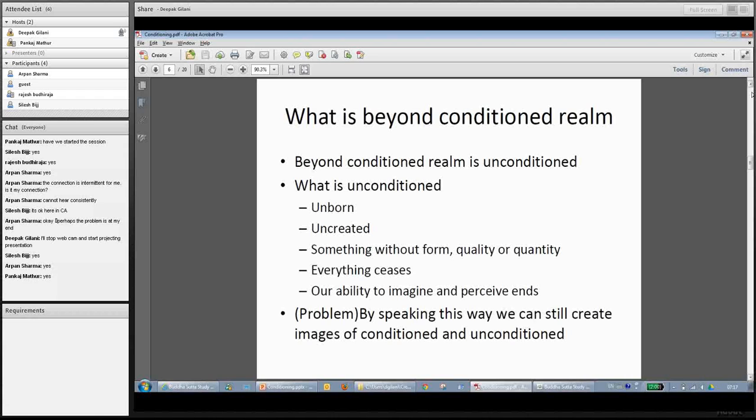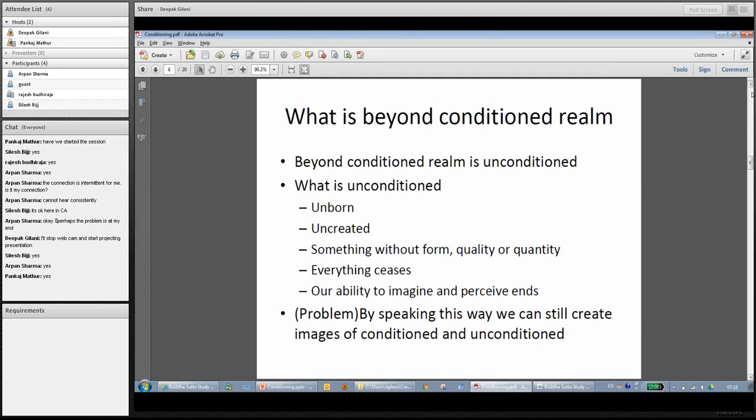It's also good to understand what is unconditioned. So Buddha refers to this unconditioned in various ways in his suttas, and we can say unconditioned is something which is unborn, uncreated, something without form or quality, where everything ceases and where our ability to imagine or perceive ends.